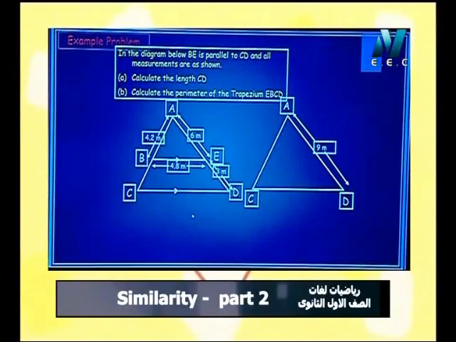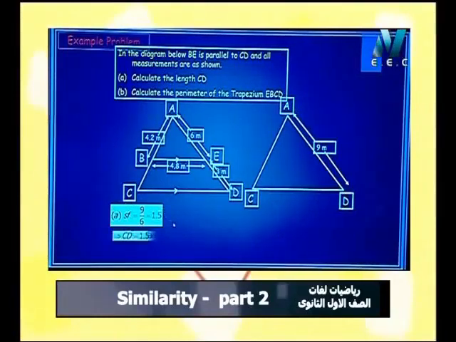We have here two triangles also, the triangle ABE and the other one ACD. This is the model of this triangle. We would like to calculate the length of CD and the perimeter of the trapezium EBCD. The scale factor here equals 9 over 6, which equals 1.5.